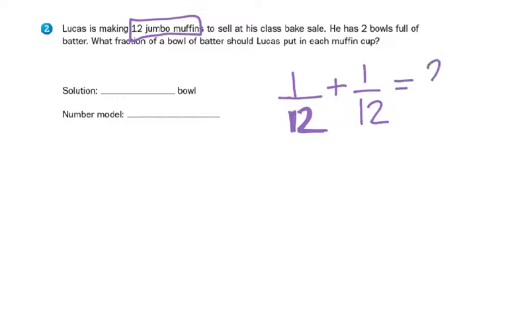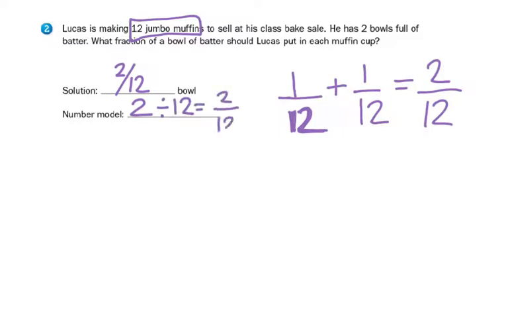So if I add those together, I get 2 12ths. 2 12ths of the bowl. Each bowl took 1/12, 1 out of 12 muffins, and I had 2 bowls full. So the number model is 2 bowls divided by 12 jumbo muffins gives me 2 12ths.